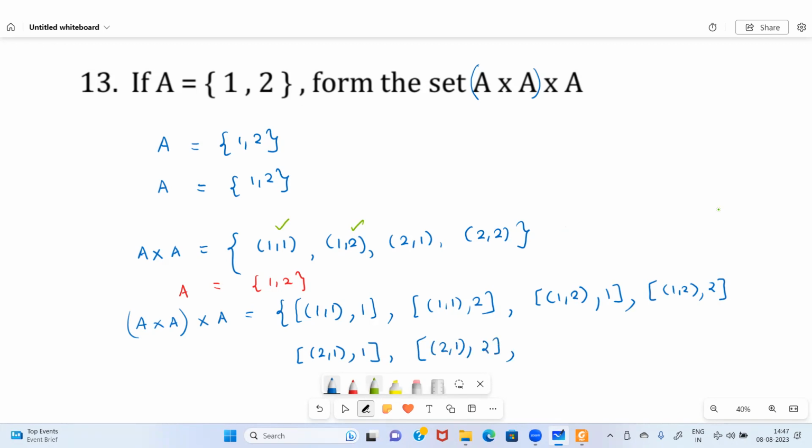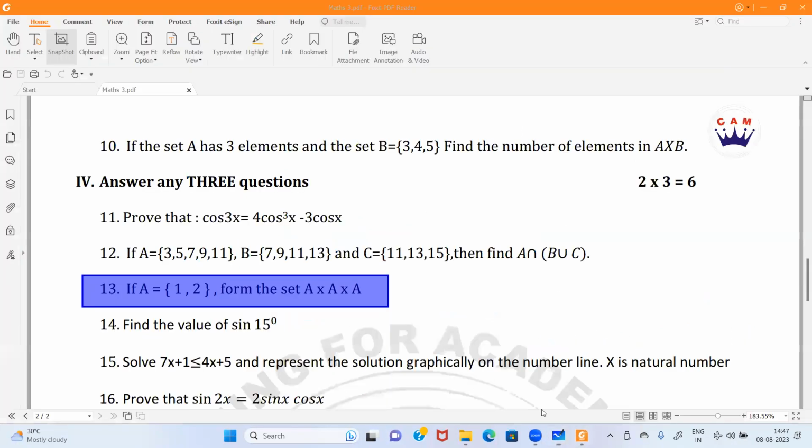Then finally, it is 2, comma 2, comma 1 and 2, comma 2, comma 2. That is the required set A cross A cross A. Clear, students? So totally there will be 8 elements. 2 into 2 into 2. 8 elements will be there. Clear, students? Now let's move on.